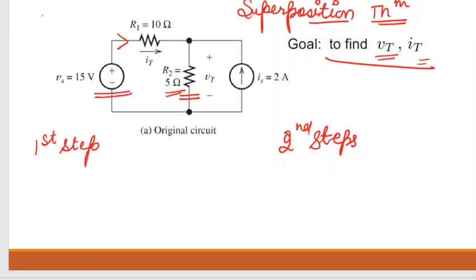The first step will take the first source and eliminate the second, and in the second step we'll take the second source and eliminate the first. Clear? First we need to take the first voltage source and then the second current source. At one time only a single source will be there. Okay? Like, a voltage source must be short circuit or open circuit.